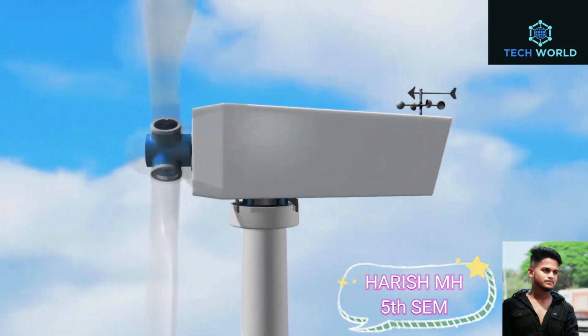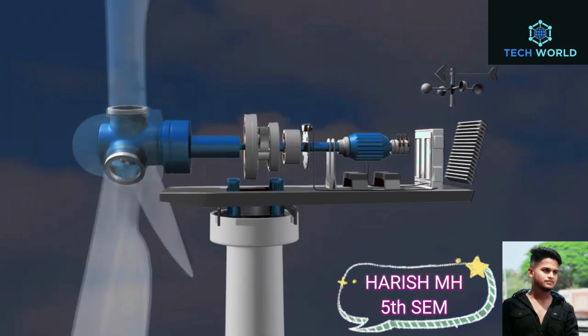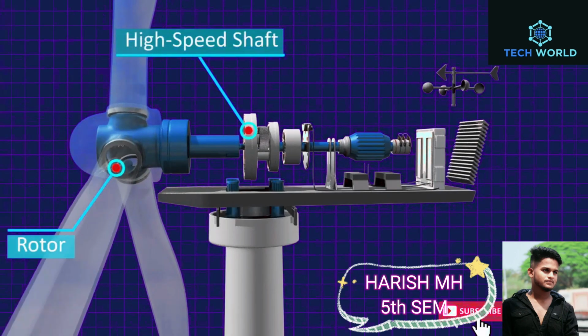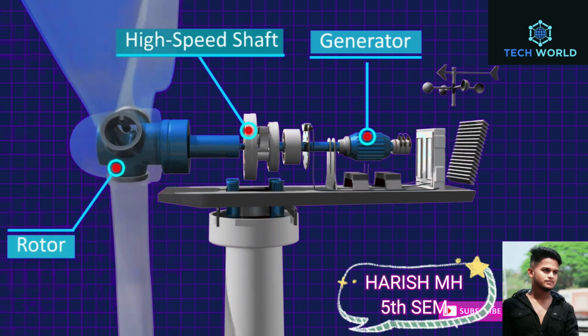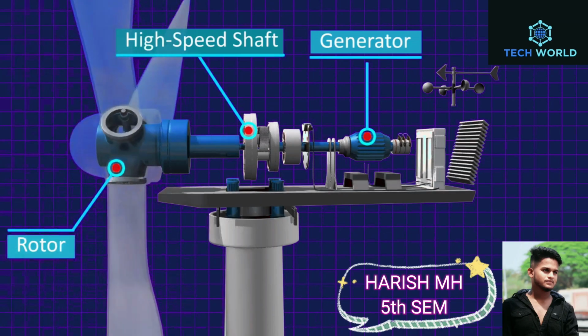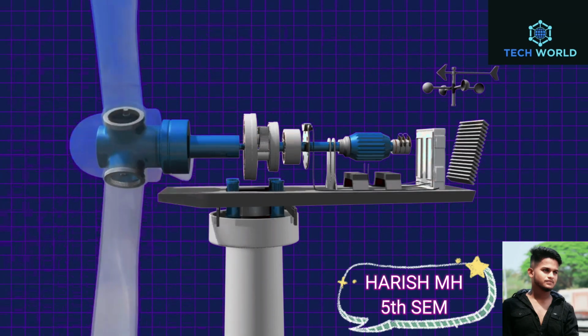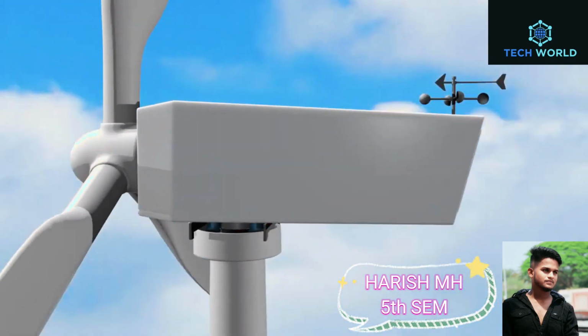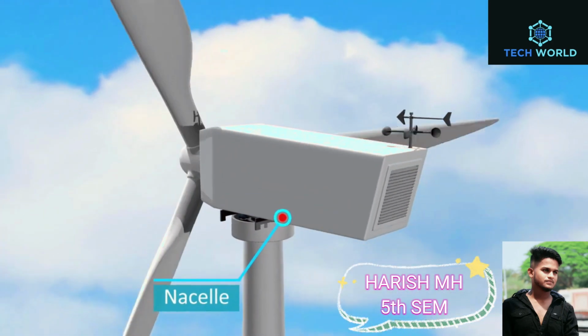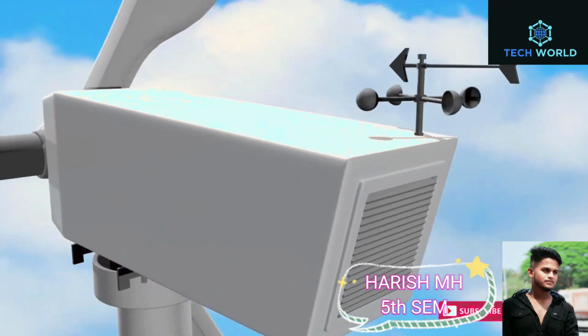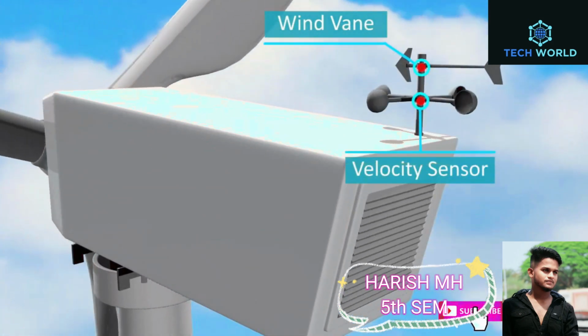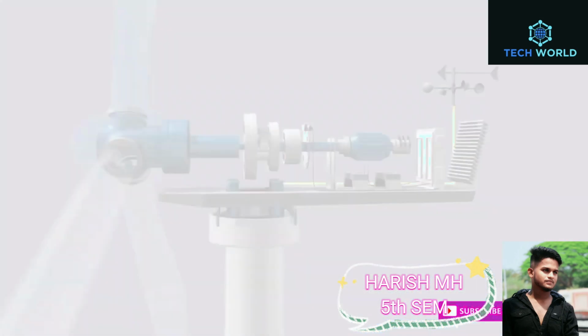The generator transfers the aerodynamic force into electricity. The housing holding the gearbox and the generator is called the nacelle, which can move according to the direction of the wind. If the direction of the wind changes, a velocity sensor located on the top of the nacelle sends a signal to the yawing mechanism at the base of the nacelle.